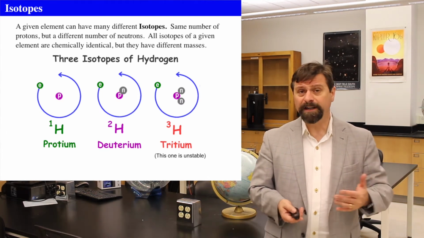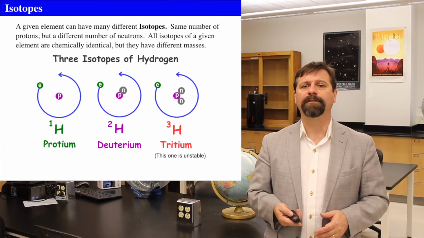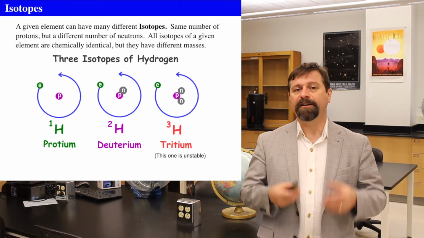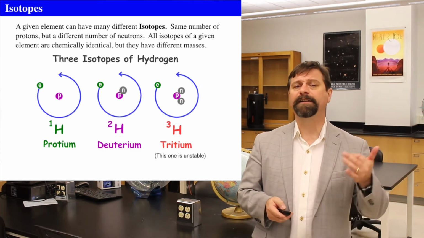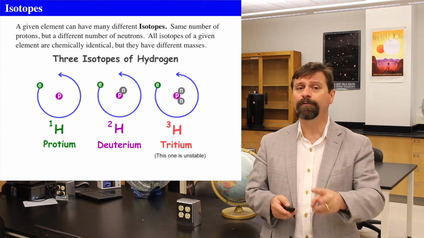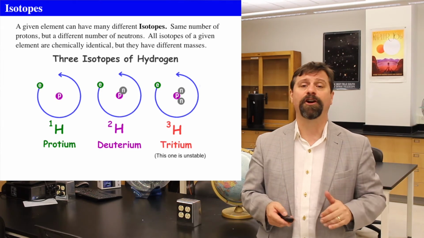Tritium is radioactive and will readily decay. But in every case, to make an atom with deuterium, even though there are two things in the nucleus, there's only one electron, because the proton has one charge and the neutron has no charge.